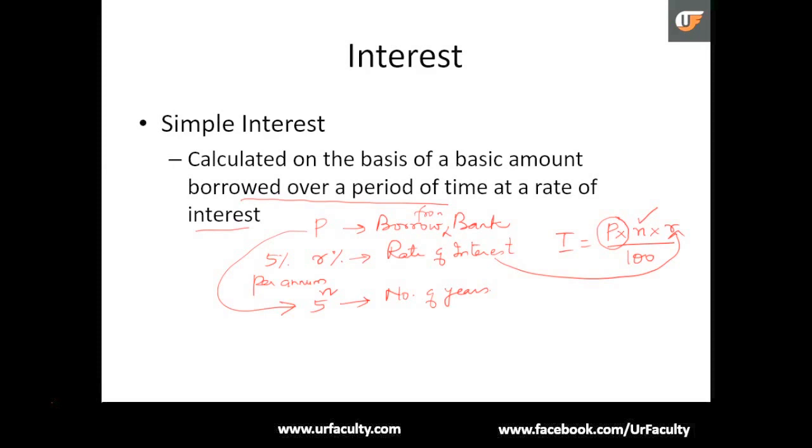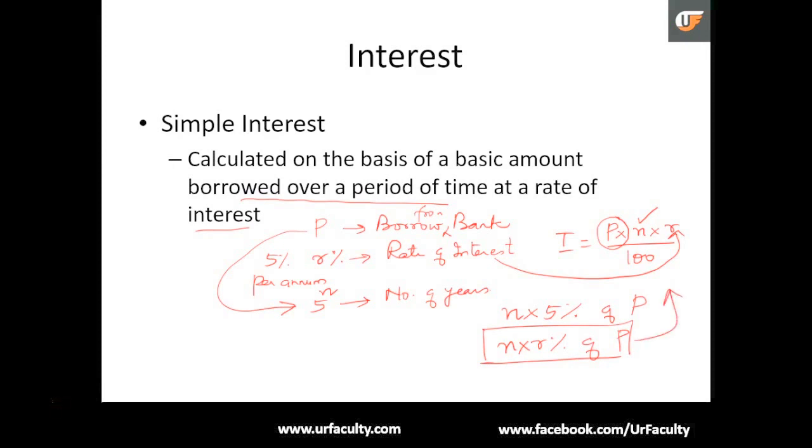From what you understood from your percentage calculation, you are supposed to pay 5% of a sum P, and since this 5% is paid over a period of n years, you are basically paying n into R percentage of the principal P. Your percentage concept is what is being applied over here.